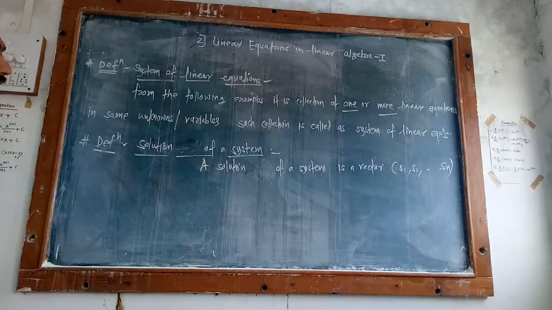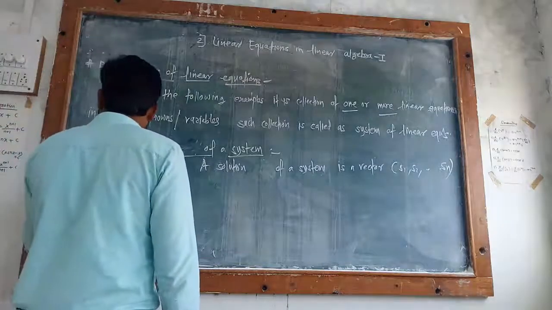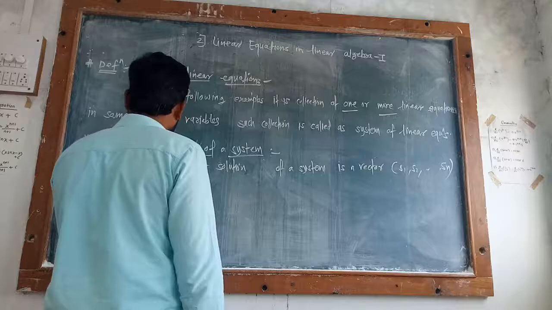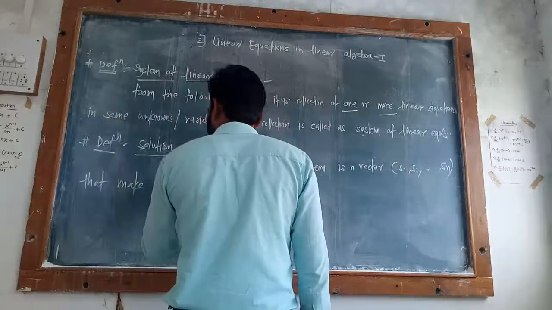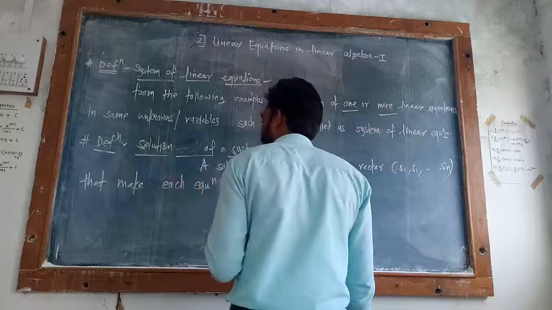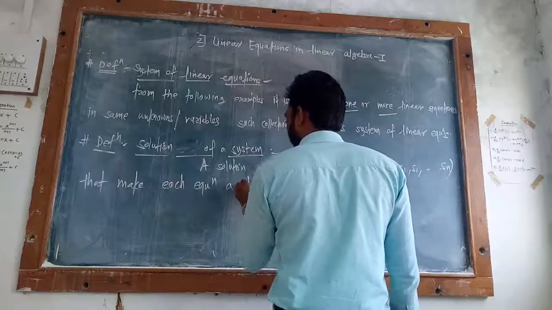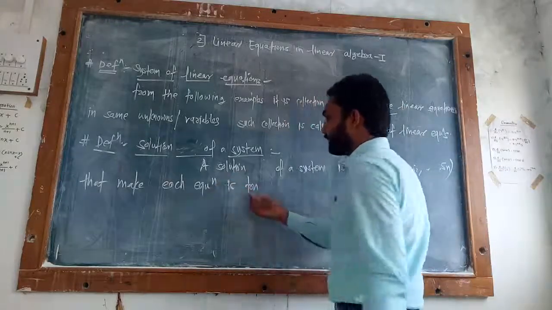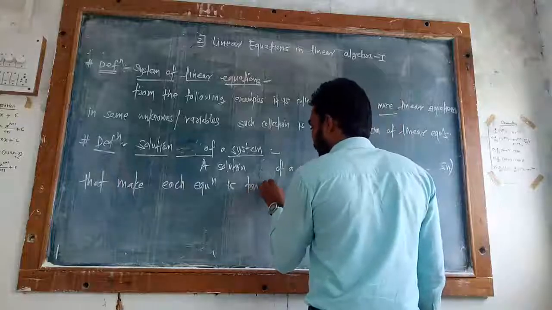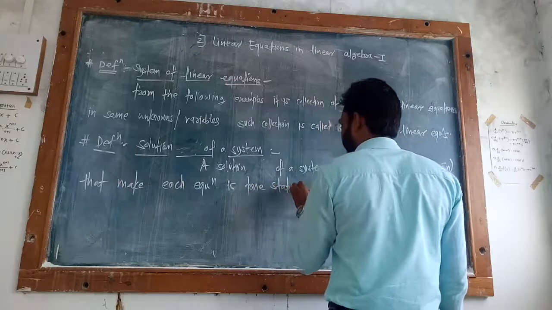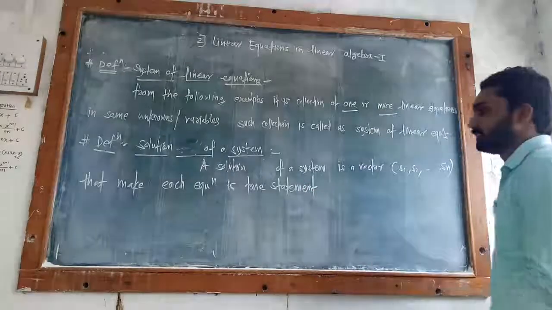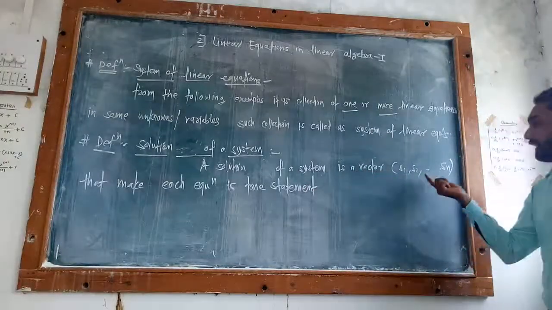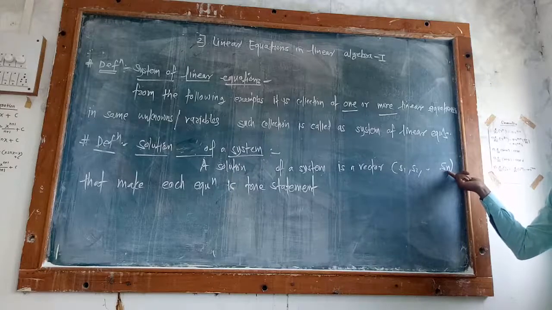A solution of a system is a vector S1, S2, S3 up to Sn that makes each equation a true statement.